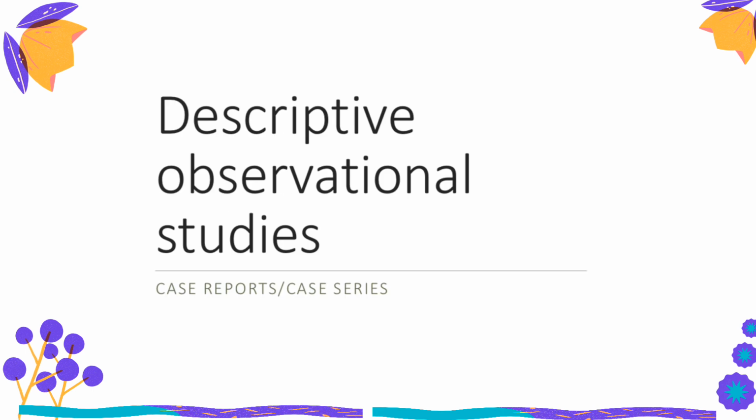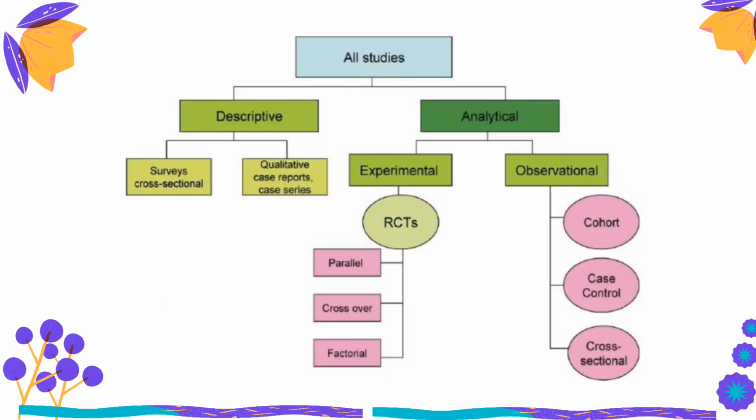The next type of observational study is the descriptive type, which are case reports and case series. The descriptive type of observational research design also includes surveys and qualitative research designs.